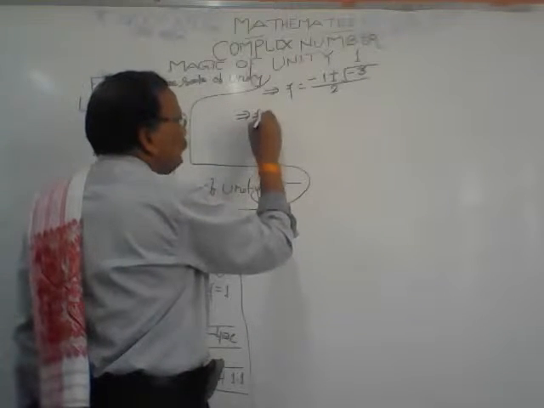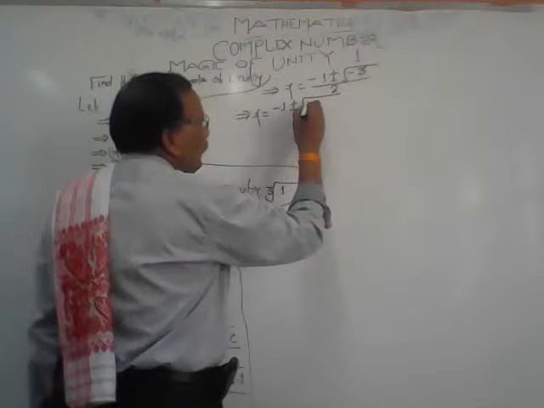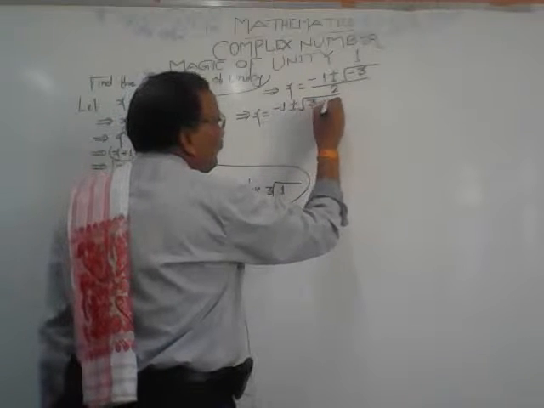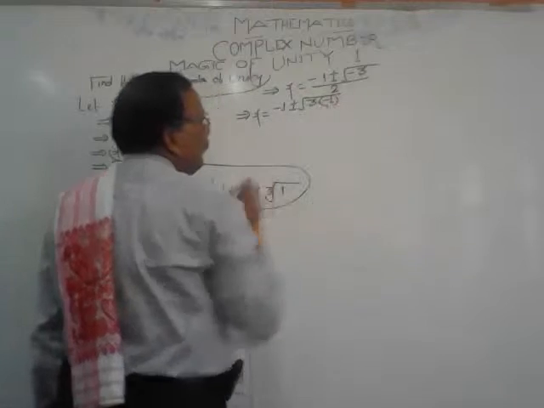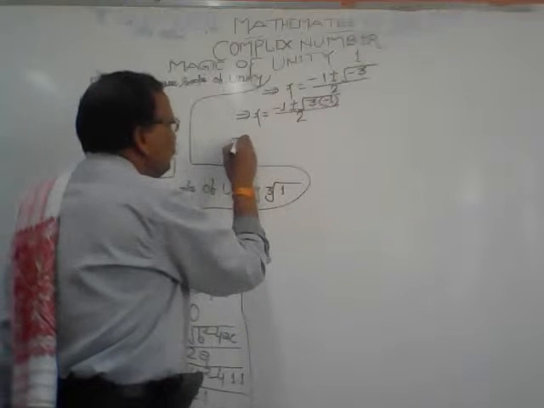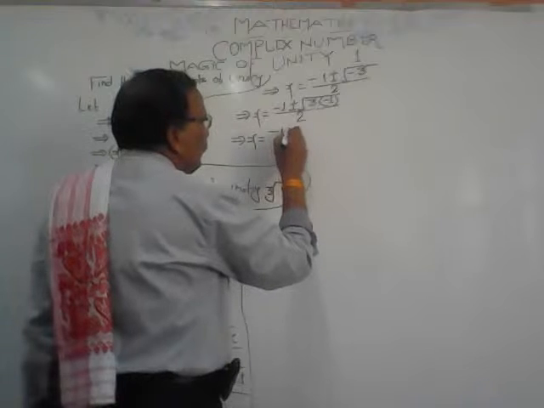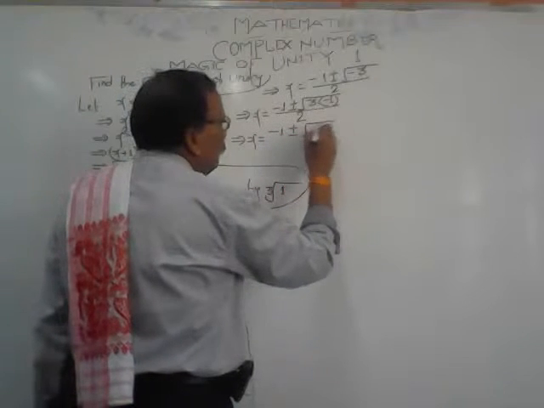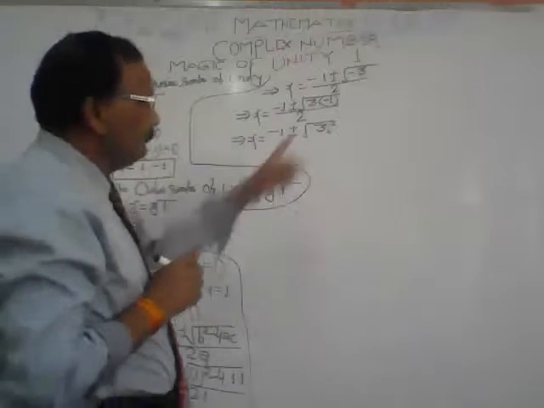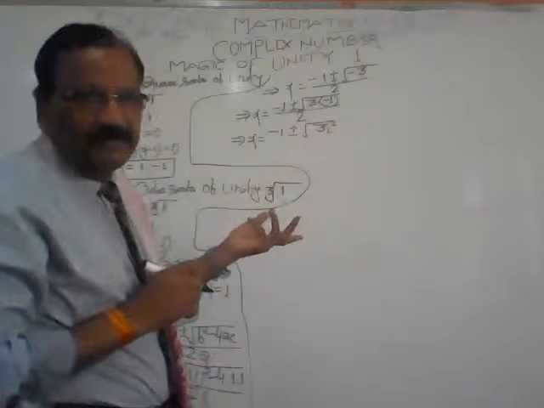This implies x is equal to minus 1 plus minus under root 3 into minus 1 upon 2. Note down this point. This implies x is equal to minus 1 plus minus under root 3 i squared. i squared means minus 1; under root minus 1 means i.